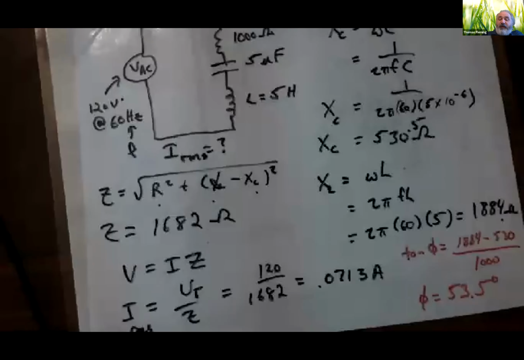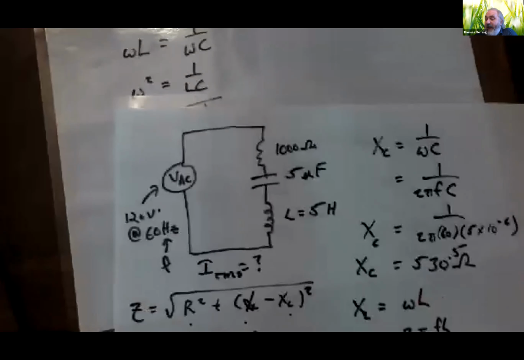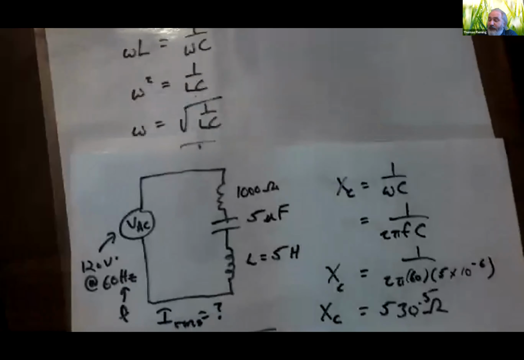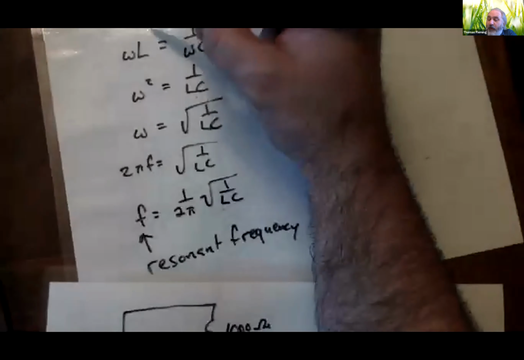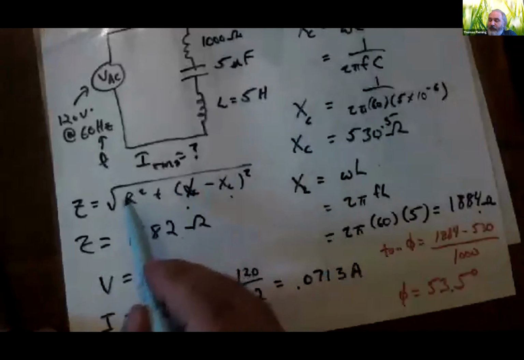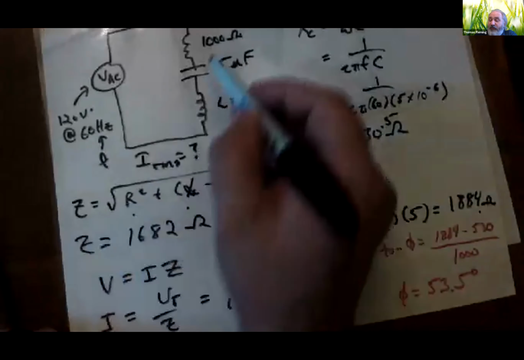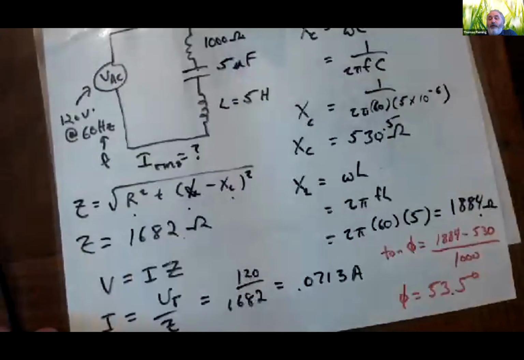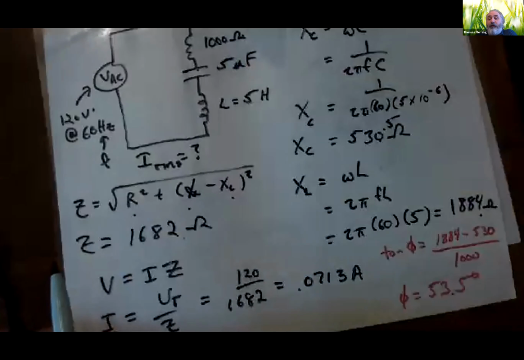Well, it's super easy, because at that frequency of 31.84, XL is going to equal XC, right? That means this is going to cancel out. And Z is going to equal the square root of R squared, which is R. And R is 1,000. So yay, I've reduced my impedance down to 1,000.